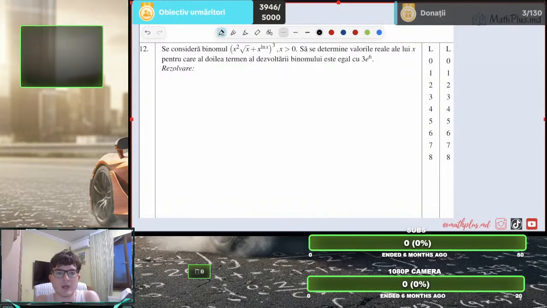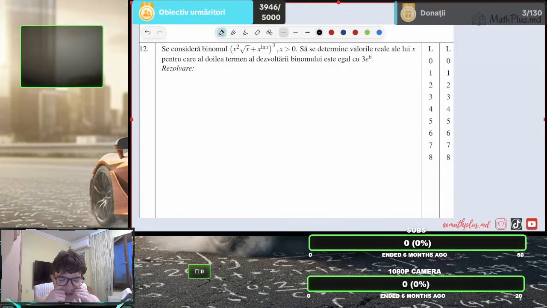Binomial, we got this. X bigger than 0. Find the real values of x for which the second term is equal to 3e to the power of 6. What's 3e to the power of 6?